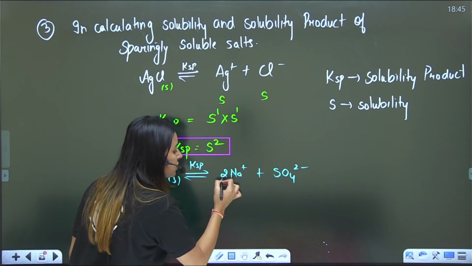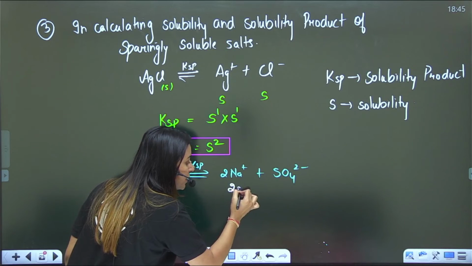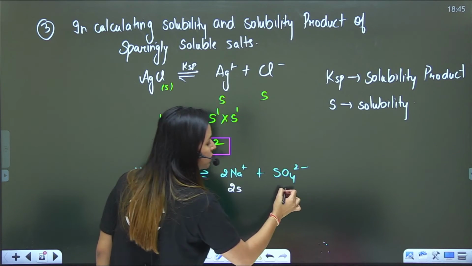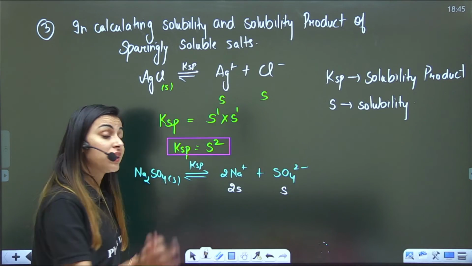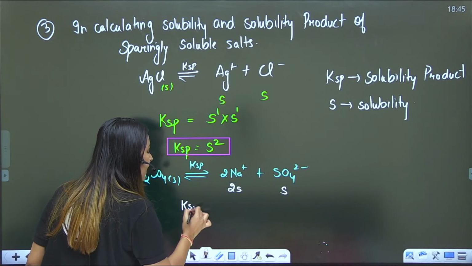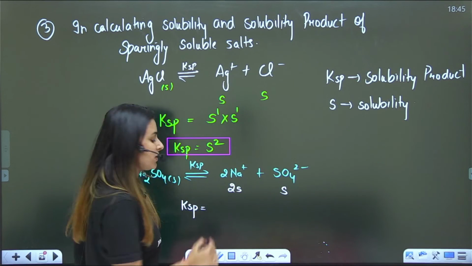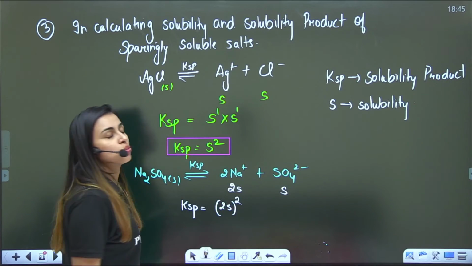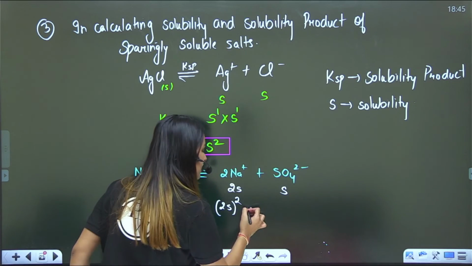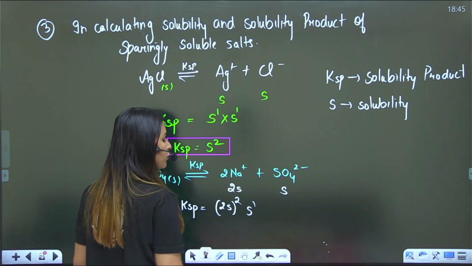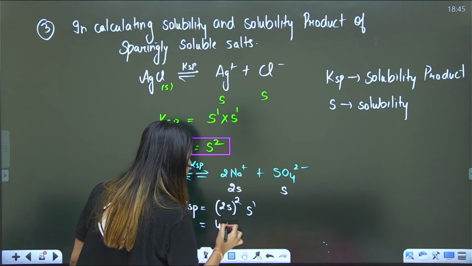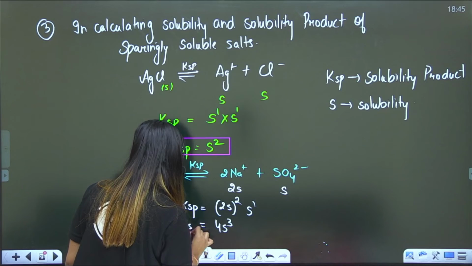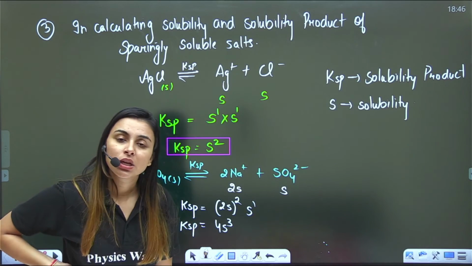So this time, since here it is 2, it will be 2S. Since here 1, this will be S. Now, how do you write the KSP value? You have 2S, raised to the power its stoichiometric coefficient, which is 2. Here you have S raised to the power its stoichiometric coefficient, which is 1. So this is 4S cube. So the KSP value is equal to 4S cube.